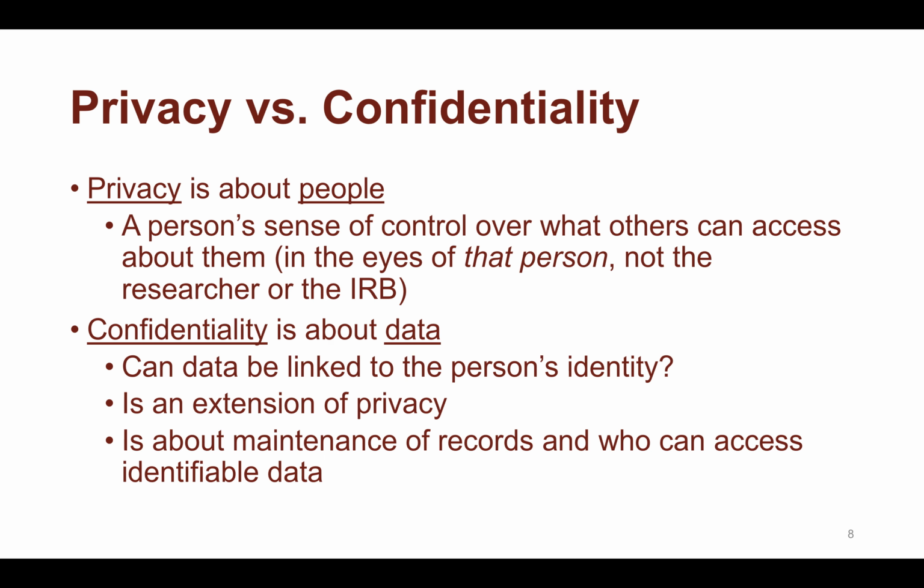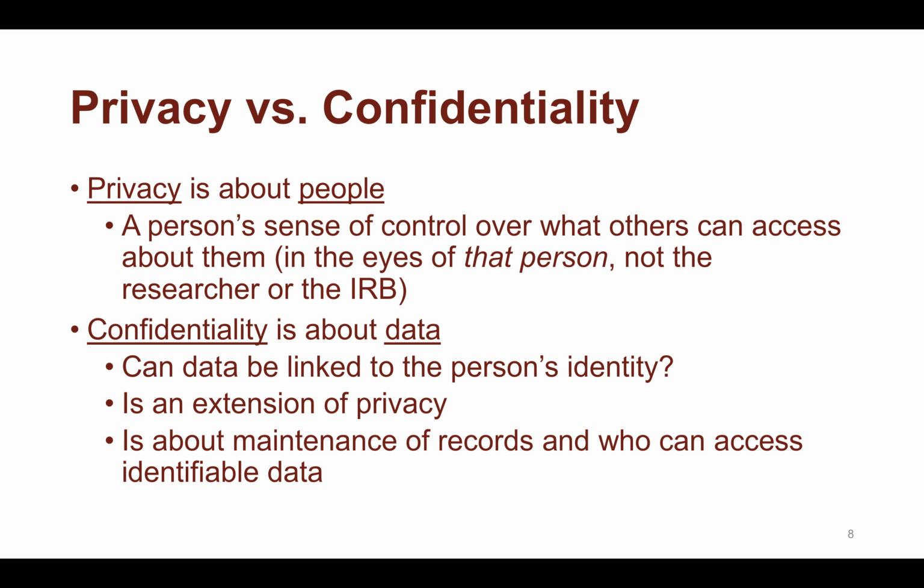So privacy and confidentiality are two important issues in research ethics. So I just wanted to cover what the difference is between these two ideas. So privacy is about people. Privacy is about their sense of control over what others can access about them. And that's in their opinion, from their perspective, not from the perspective of the researcher or the IRB.